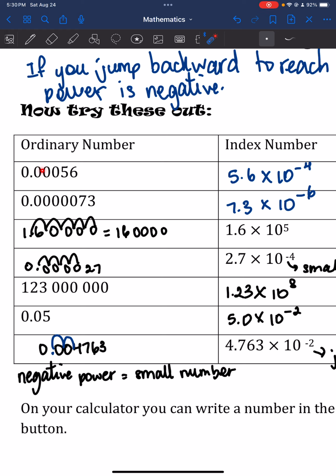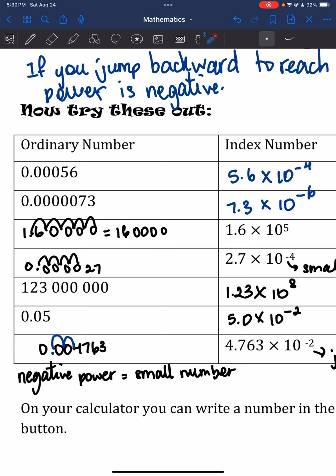So 1, 2, 3, 4. 4 jumps. 5.6 by 10 to the minus 4, it is minus 4 because the number is super small. If your number is super small, the power is negative. If your number is super big, the power is positive. It makes sense because the jump does indicate whether you're jumping right or you're jumping left.